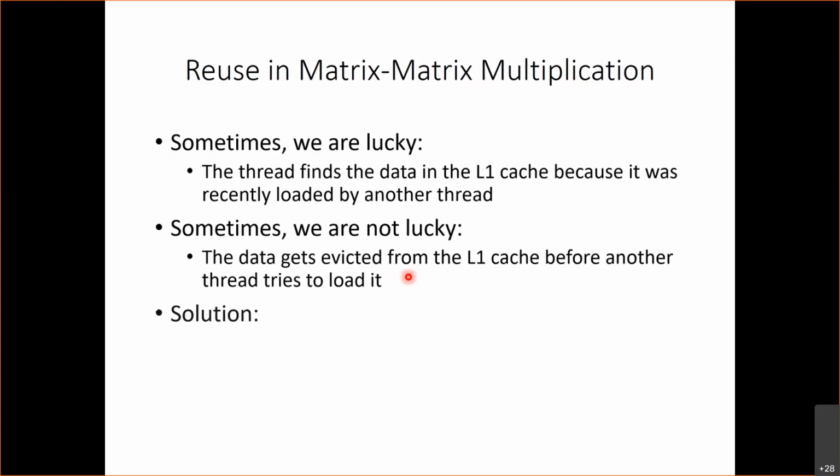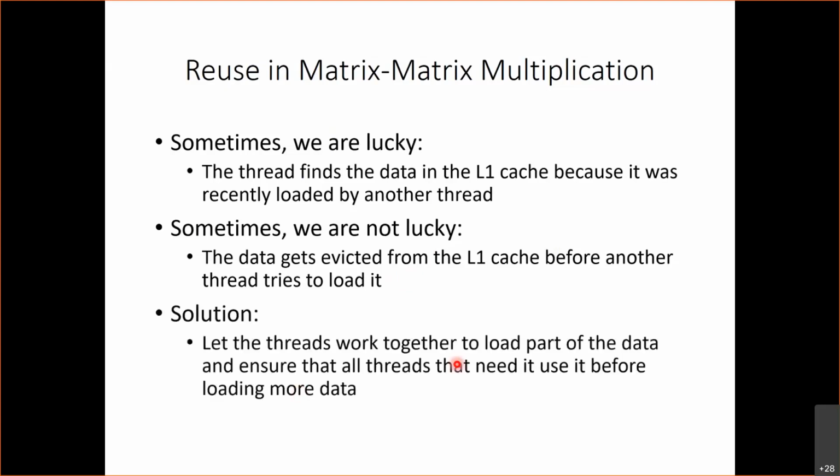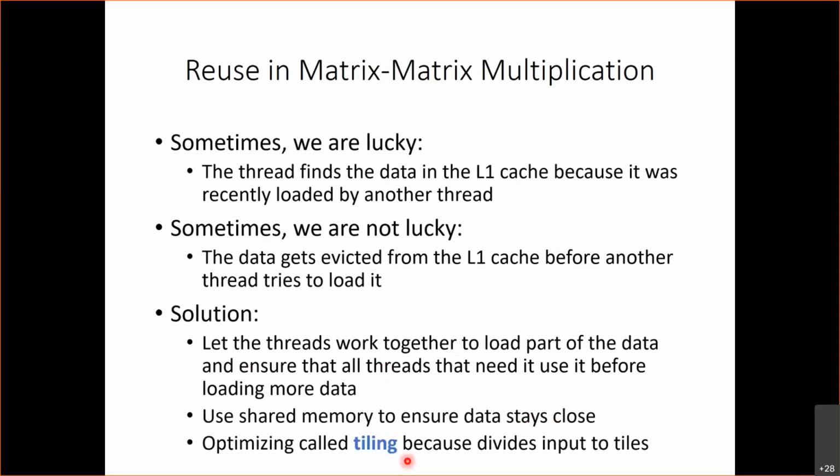So the solution here is to let the threads work together to load part of the data and ensure that all the threads that need to use it access it before we load more data. And we're going to use shared memory to ensure that the data stays close by. This optimization is called tiling, because we divide our input into tiles of data, load those tiles into shared memory and let all the threads access them, and then load the next tile, etc.